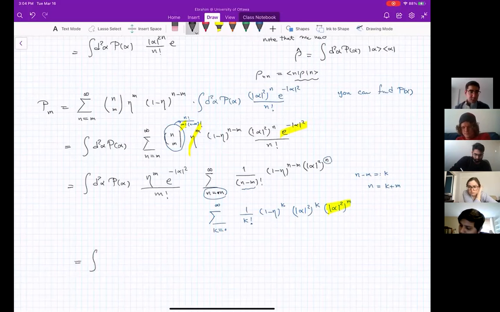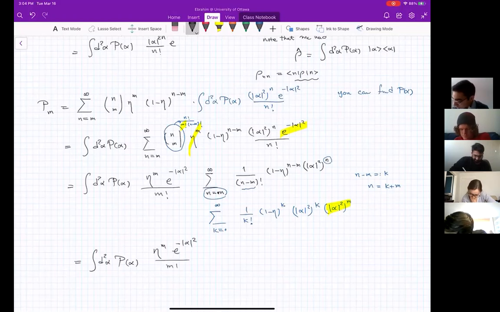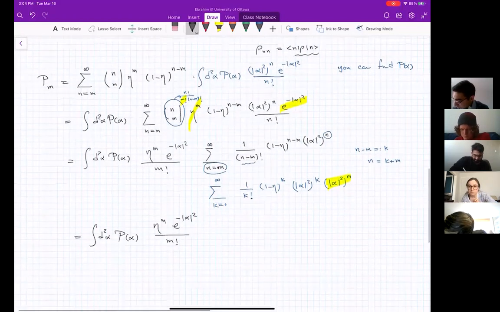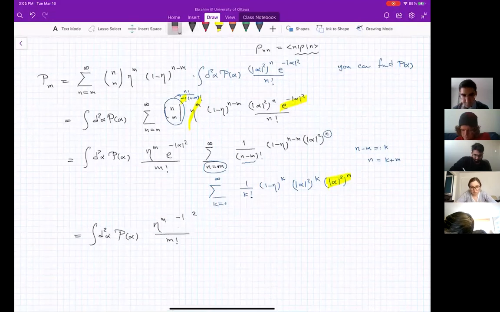Then the entirety of this will be simplified to the integral d2 alpha, P(alpha), eta to the power of m, e to the power of minus |alpha|^2 divided by m factorial. Then what else I have? I have |alpha|^2, so let's simplify this as well. It will be (eta |alpha|^2) to the power of m, e to the power of minus |alpha|^2.